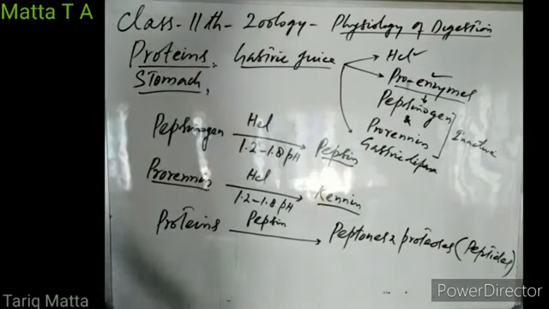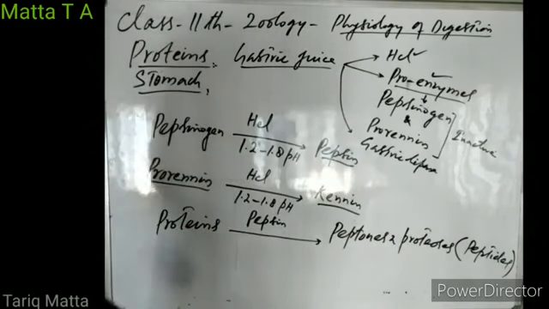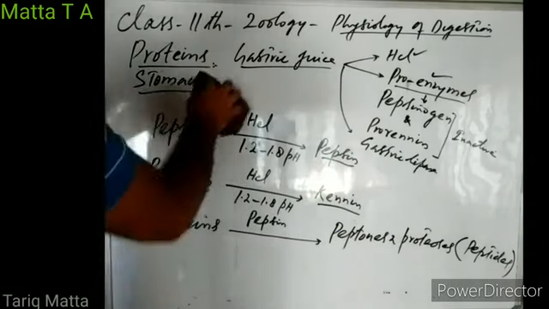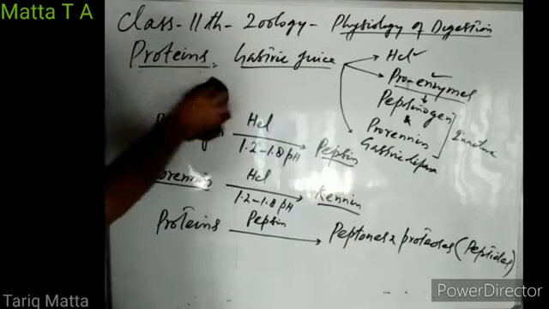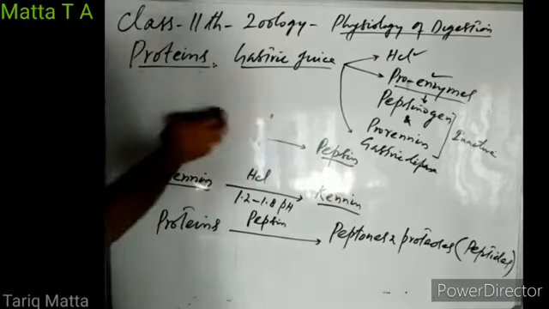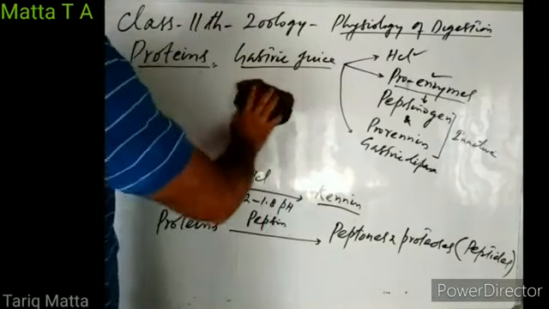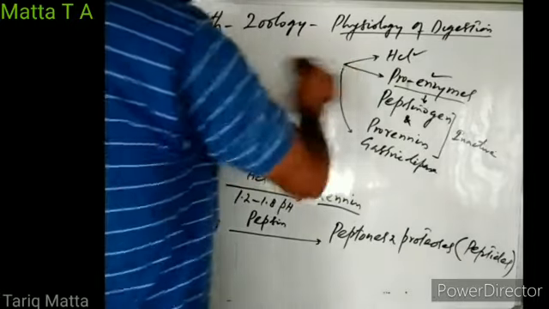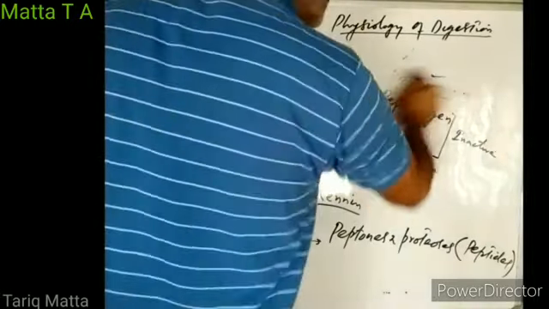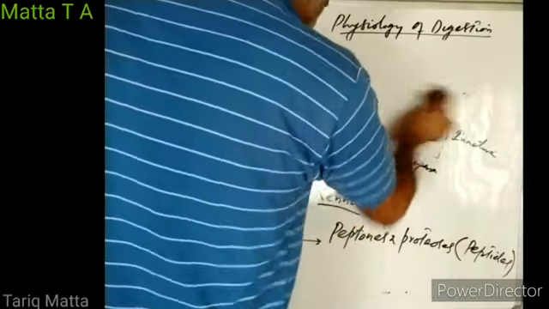Right? Similarly, when an infant takes the milk, renin is only secreted in infants. As the infants grow up, renin production stops. In adults, there is no renin secreted in the stomach. So renin is only secreted in infants.